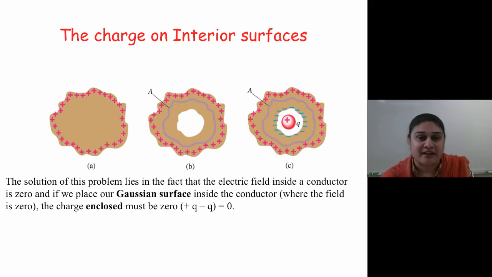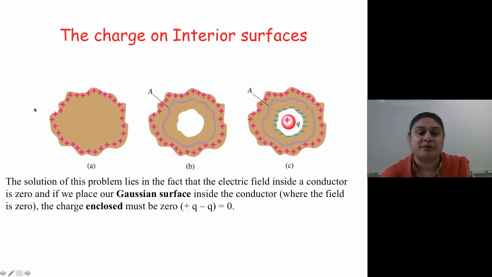In order to understand that, we have to understand that the electric field inside the conductor is always going to be zero. So if we place our Gaussian surface inside the conductor, the field inside will be zero.